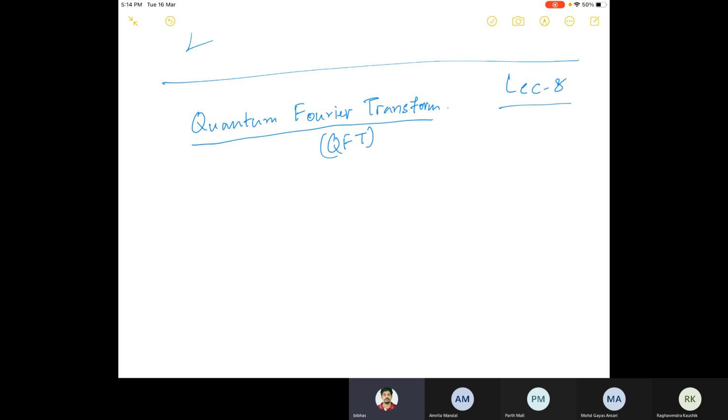Okay, so I'll talk about that. There's quantum Fourier transform, but before defining it, we'll talk about a very special unitary matrix, which will be used to implement this.